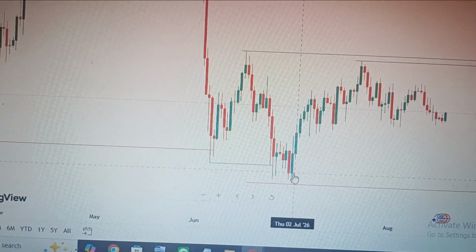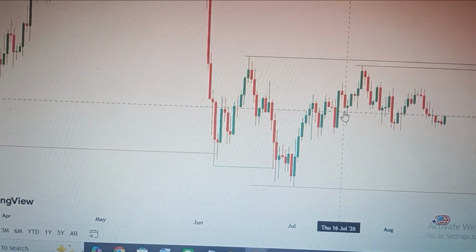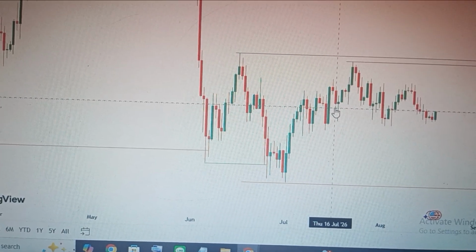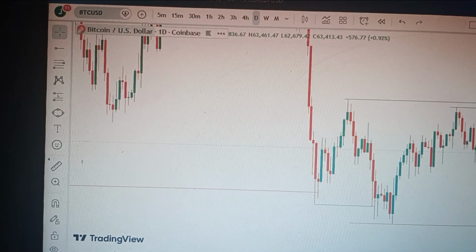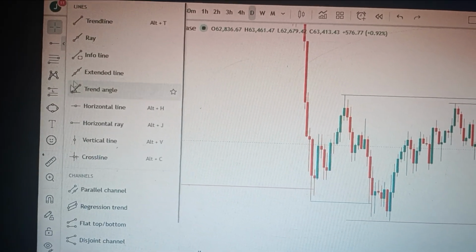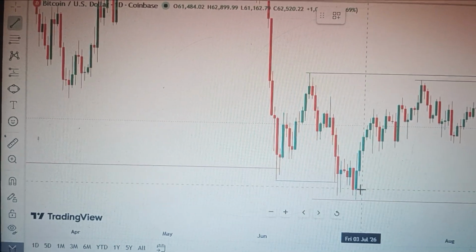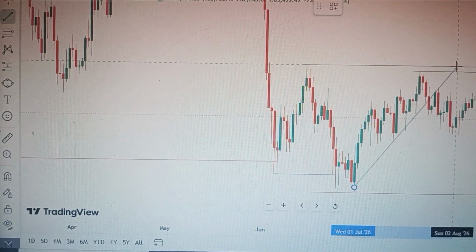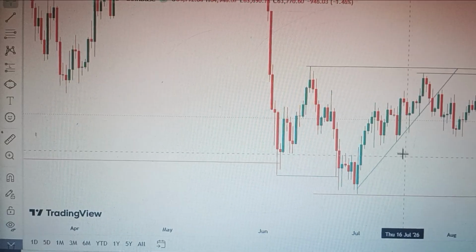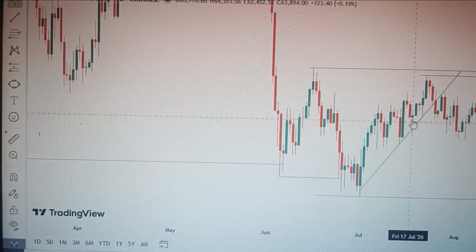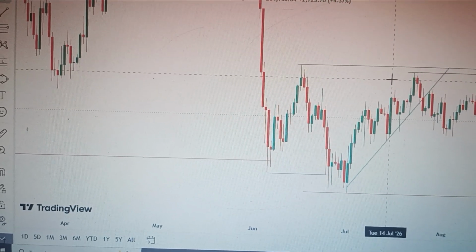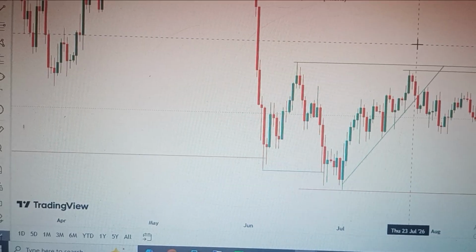There are people who take this daily push as their major trend altogether. So what you can see here is what will be seen as a major trend, and since this is a major trend, we're looking for more opportunities of buying to the upside altogether.